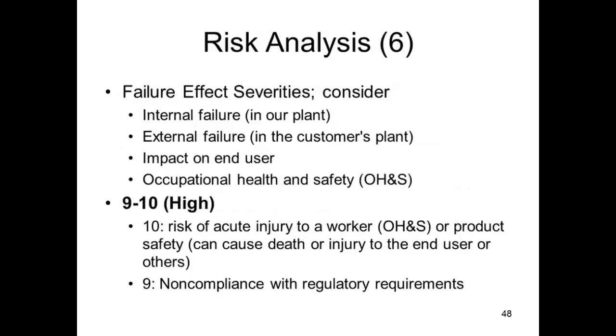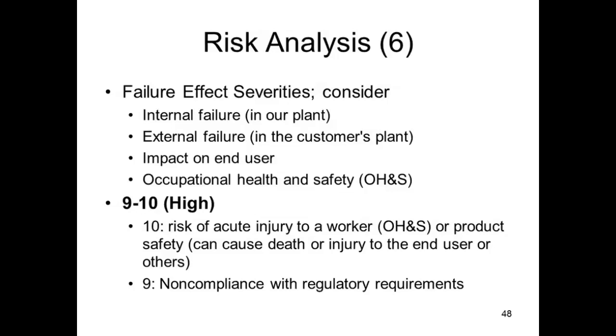In other words, if the defect in the product can cause death or injury to the end user, or if the process itself can cause death or injury to a worker, that gets the worst possible rating. Remember, 10 is the most serious.